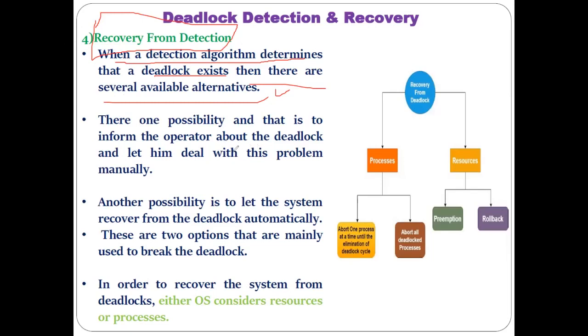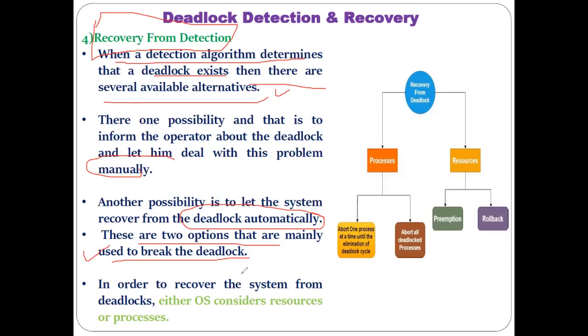Different approaches in the sense that the operating system may allow the computer system to recover from the deadlock automatically, or the operating system may allow the computer system to recover from the deadlock manually. Accordingly, there are two options which are mainly used to break the deadlock or to recover from the deadlock.